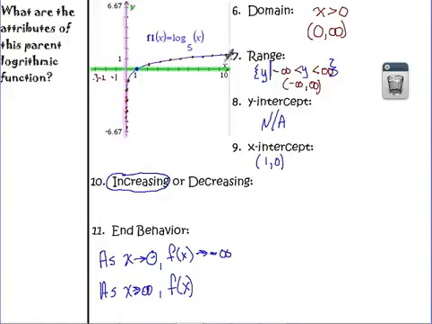Well, this is this direction, where x goes out to the right and continues on and on forever. Then x is going out to infinity. What are the y coordinates doing? They're getting larger too, and again, they're getting larger very slowly, but they do continue to get larger and larger and larger. So therefore, we would say that f of x goes to positive infinity.